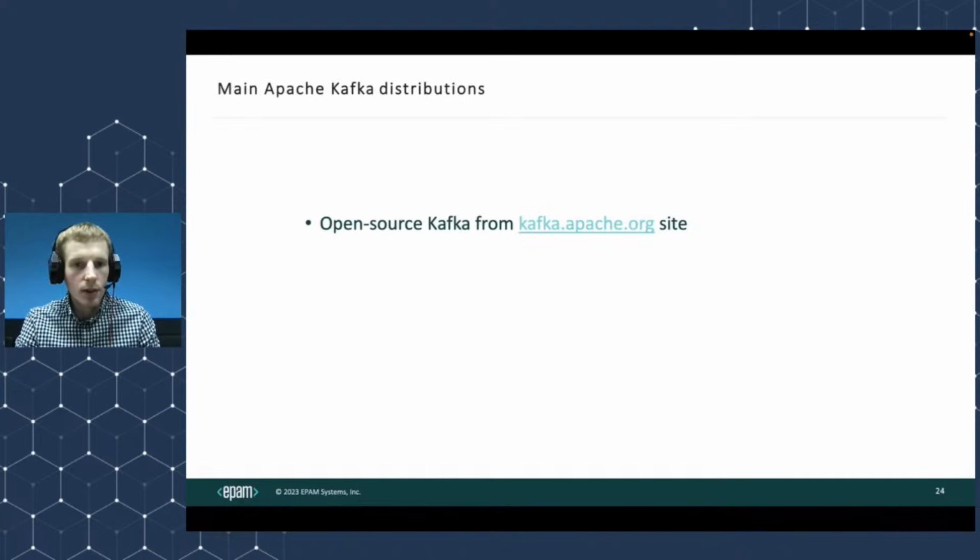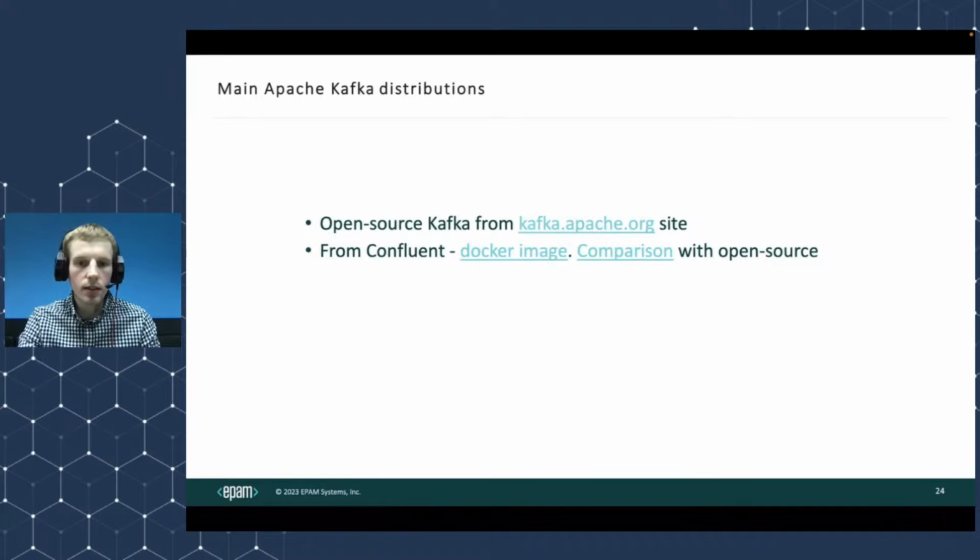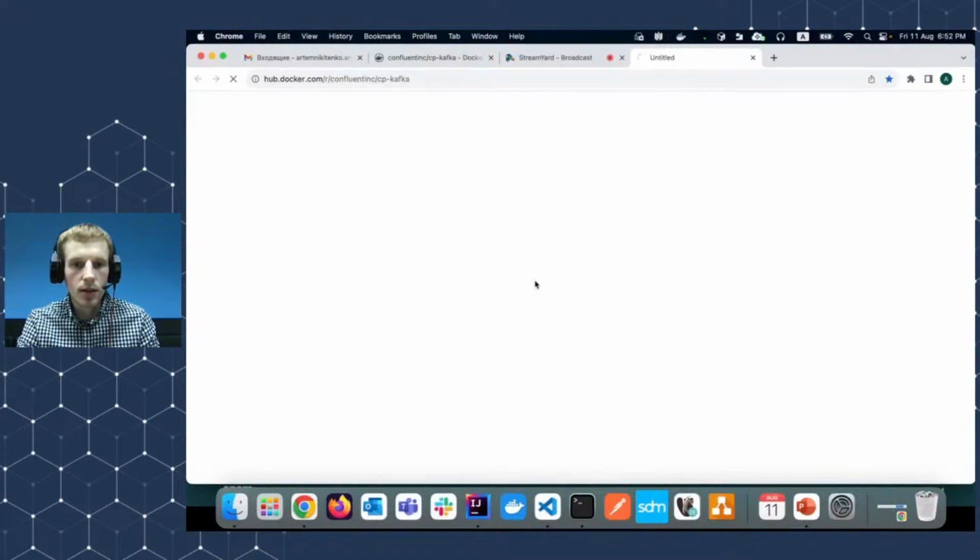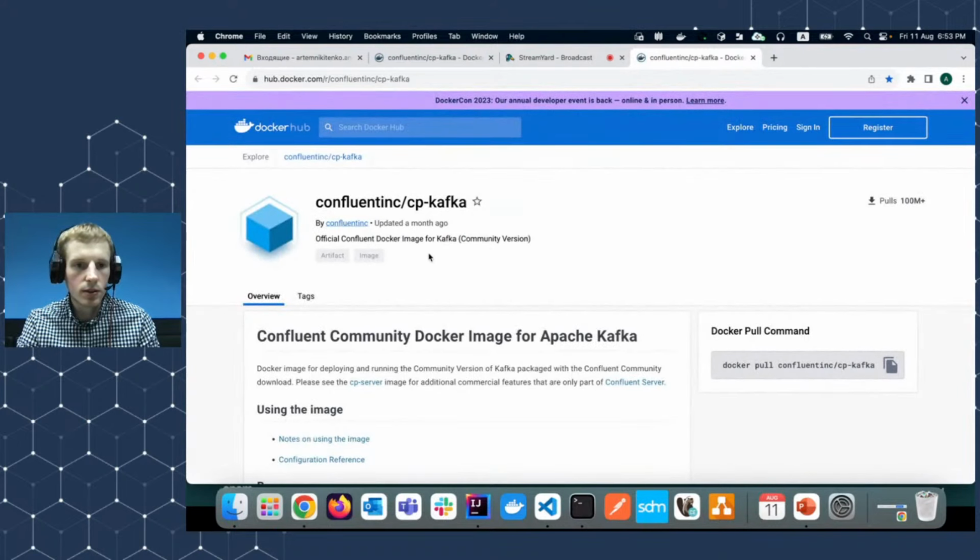Apart from the official Apache website where you can get Kafka, there are some companies that distribute their own builds of Kafka, like Confluent, and they have published their Docker image on Docker Hub, and you can take it from here.